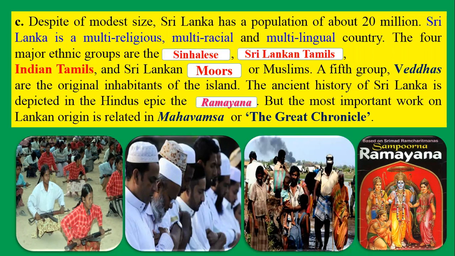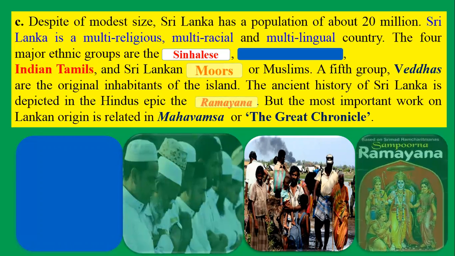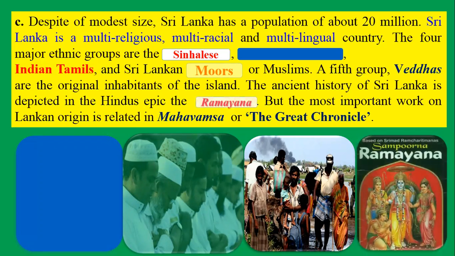Sri Lanka is a multi-racial, multi-religious, multilingual country. The four major ethnic groups are Sinhalese, Tamils, Sri Lankan Moors, and Muslims. The fifth group is Veddas, the original inhabitants of the island.